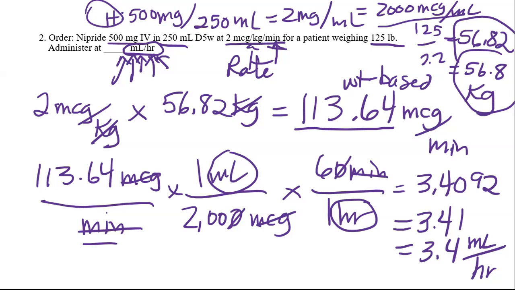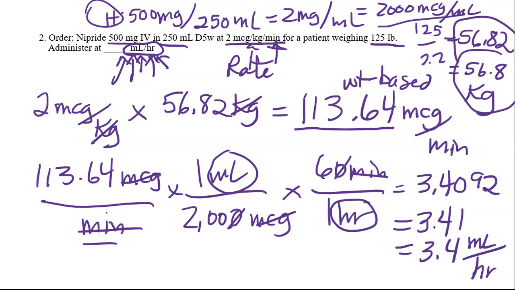So we take 113.64 micrograms per minute, and we multiply it by what we have. And we decided here with 500 milligrams and 250, 250 times 2 is 500. So we'd have 2 milligrams per mil. When we want to convert to micrograms, we multiply that by 1,000. So we got 2,000 micrograms in 1 milliliter. So we flipped that so we could cancel out the micrograms.